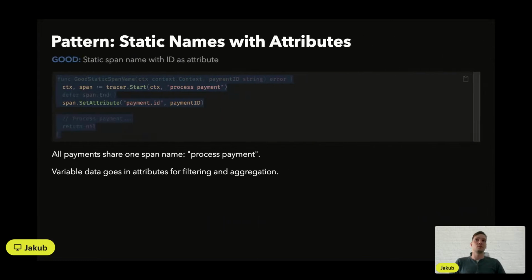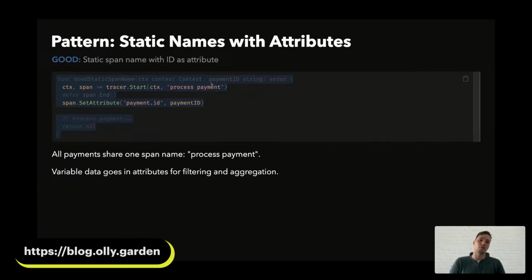So how should it look? It should be just a simple process payment without any additional templates. We can use set attributes to store this payment ID. We have a blog post on our Olly Garden page by Juraci that explains how to name your spans, and you should really read it, and you will learn everything you need there.